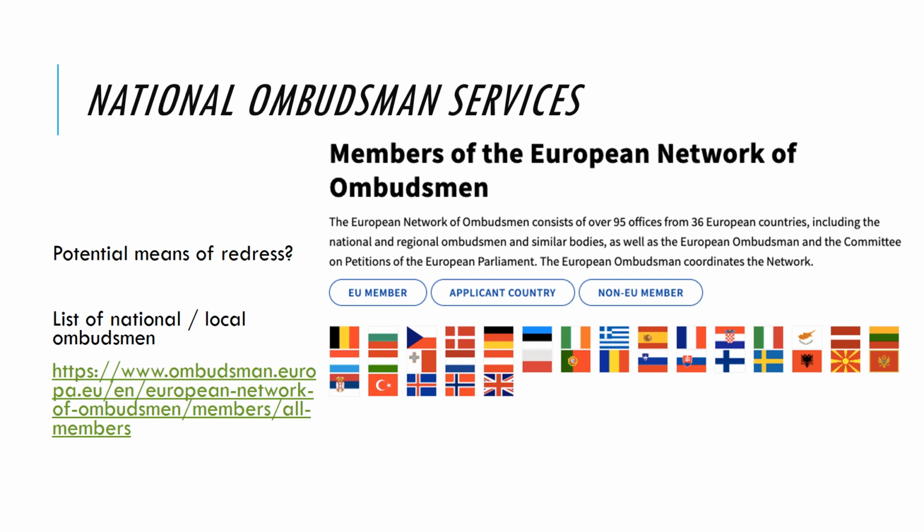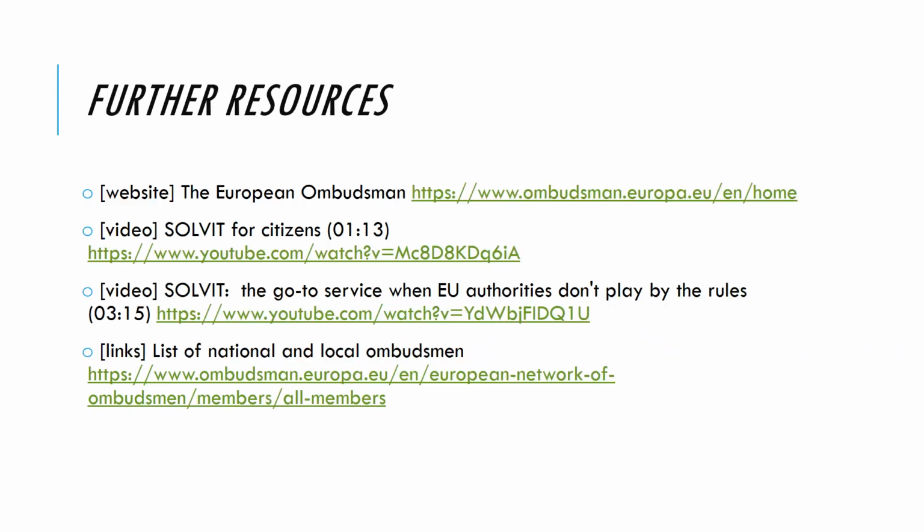If it finds a breach has occurred, it may issue a decision containing recommendations on how the problem may be resolved. However, an ombudsman service will not typically have any powers to impose fines or to order reparation of any damages incurred as a result of the misapplication of EU law. A list of further useful links is provided below this video.